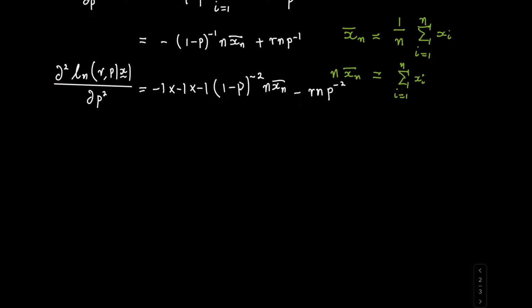So once we've established that, we can now express things in nicer terms. This becomes minus, once you multiply three -1s with each other, minus n x bar n all over 1 minus p squared, minus Rn over p squared. And there you have it as your second derivative.